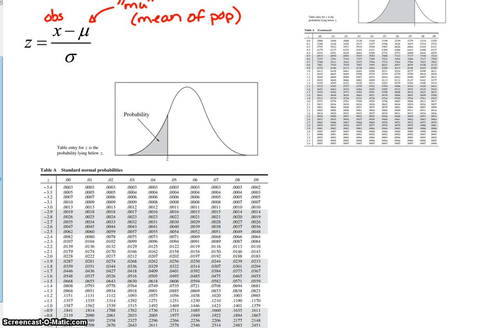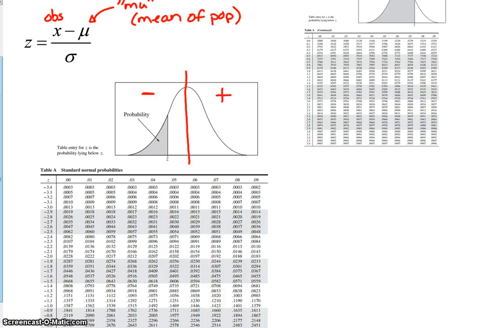A couple things we're always going to talk about with my distribution is always draw a picture, because anything that's less than my mean, if I'm taking my observation minus my mean, a number smaller than the mean, small minus big, will give me a negative value. So anything below the mean should be negative, anything above the mean should be positive. It's very common that people switch the mean and the observation around, so a picture is always going to help us.